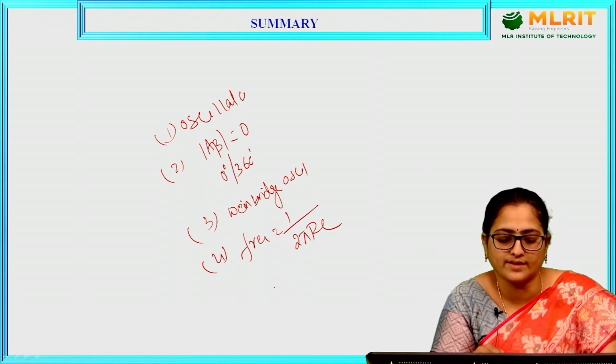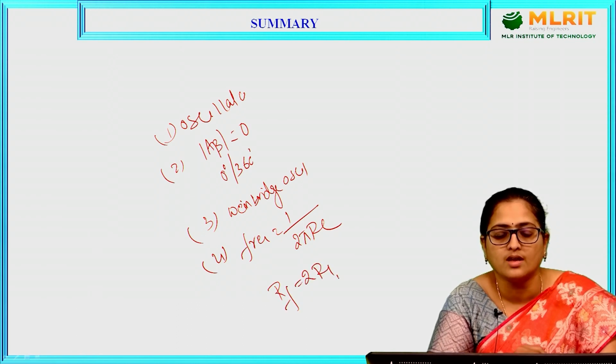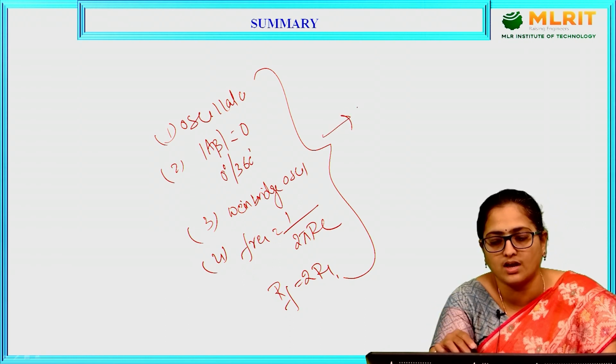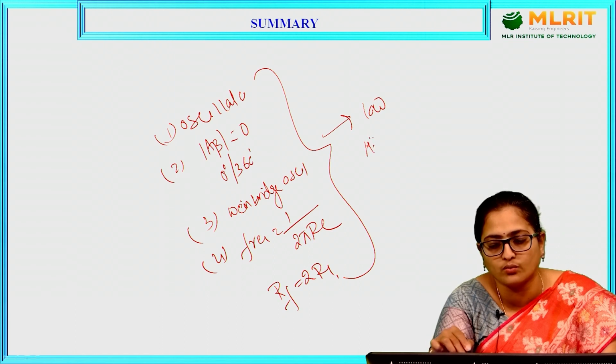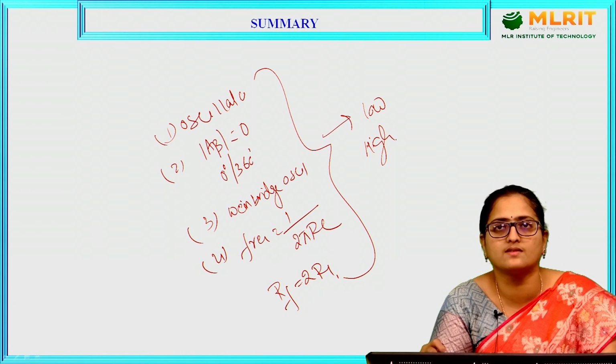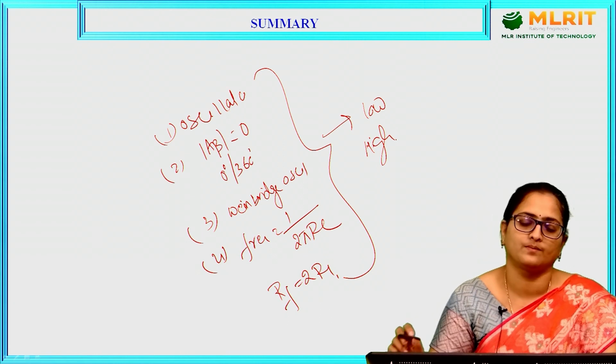The condition to get a sustained oscillation is RF equal to 2 times R1. We also discussed that this Wien bridge oscillator is suitable for low frequency, not for high frequency, because of the resonance problem: it does not resonate at an exact frequency and resonates at different frequencies. Thank you.